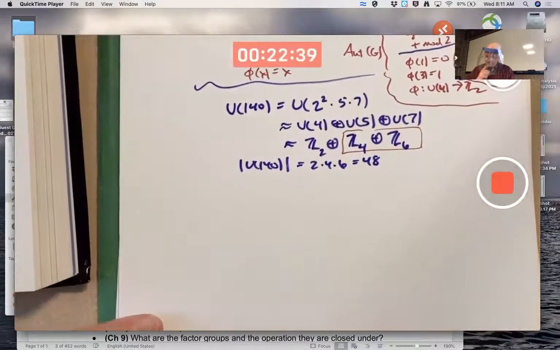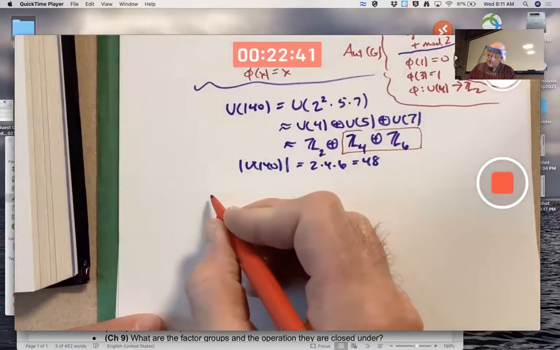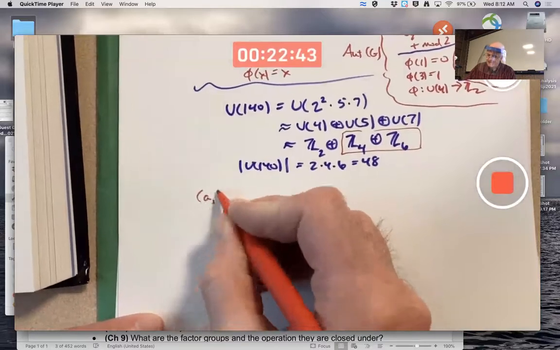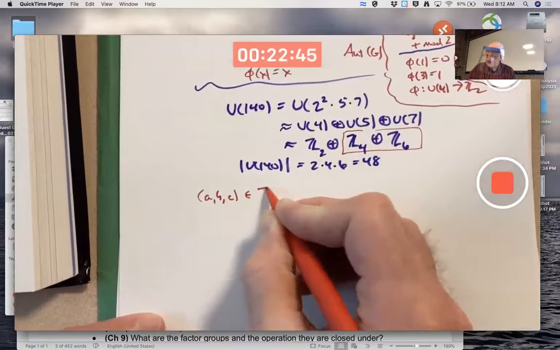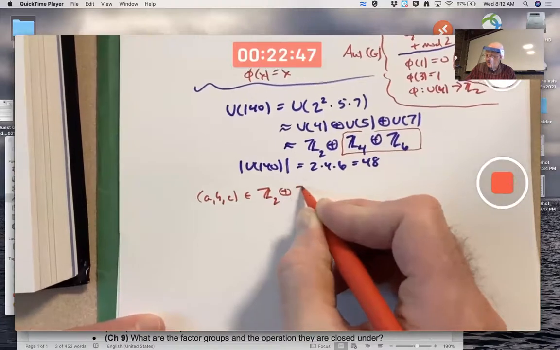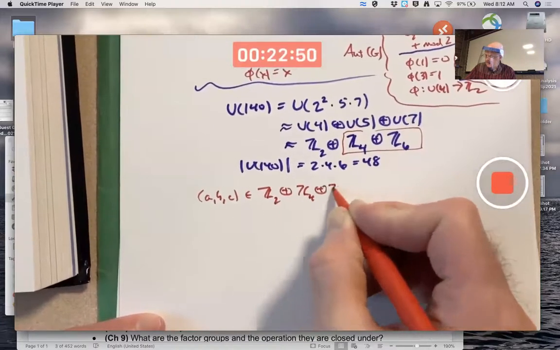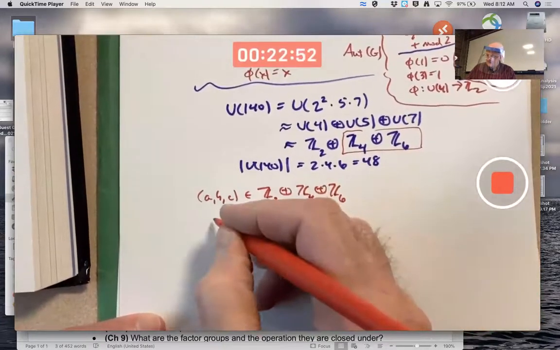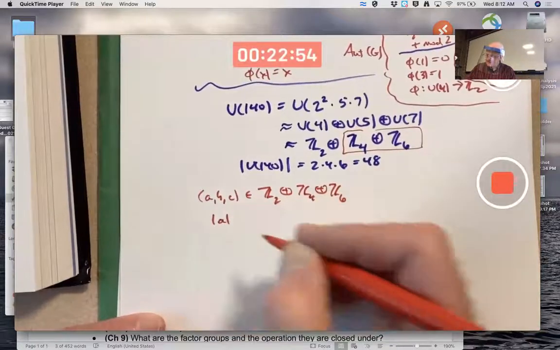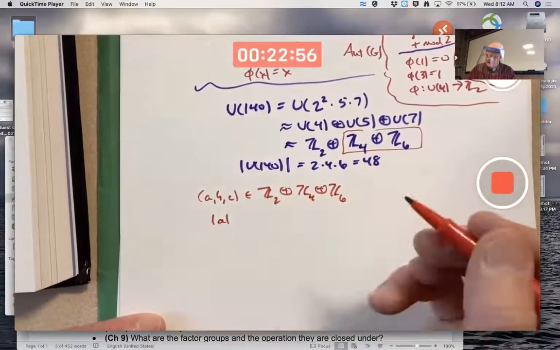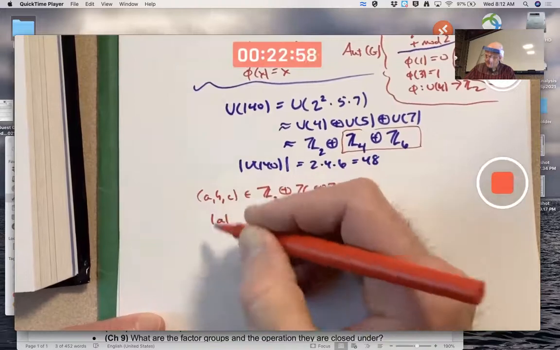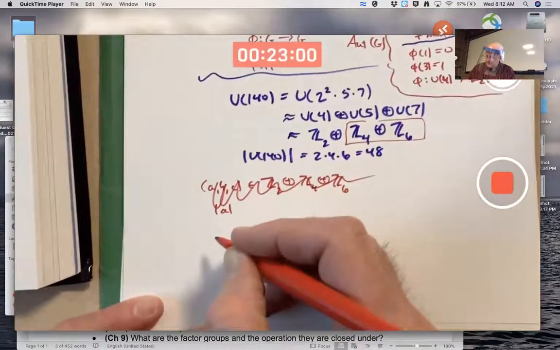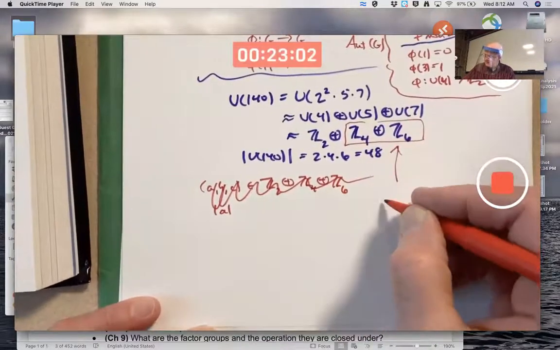So you think about an arbitrary element A, B, C in this external direct product. What are the possible orders of elements? Oh, yeah, actually, we can make it simpler. Sorry. Focus just on that part there.